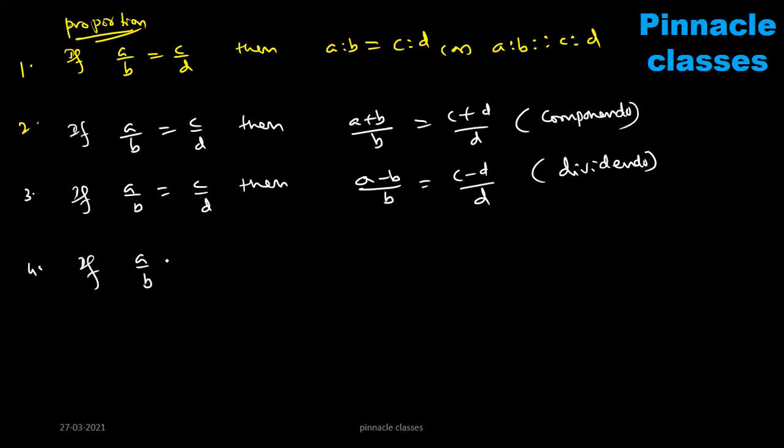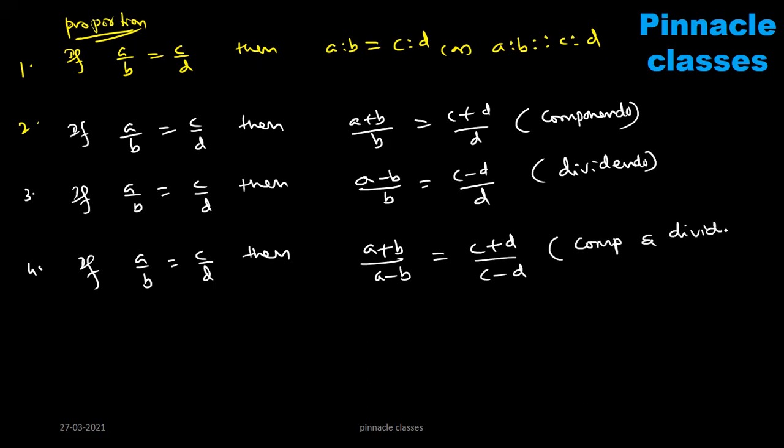Finally, these types of formulas you frequently use in progressions, series, especially trigonometry. a plus b by a minus b equals c plus d by c minus d. This method is called the componendo dividendo method. Means equation 2 by 3, we can get this result. Finally, if a by b is equal to b by c, then b square is equal to ac.